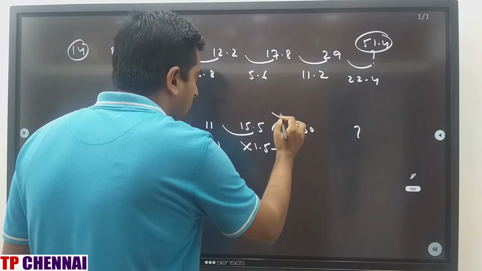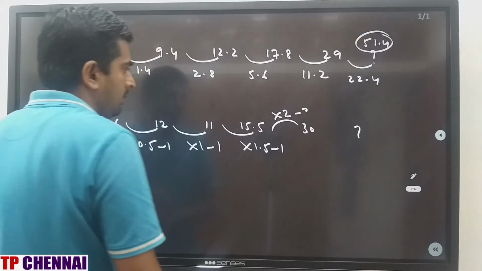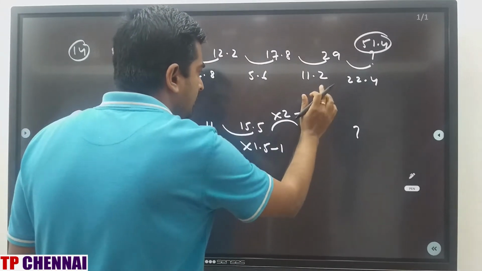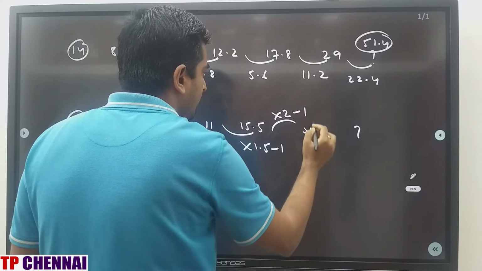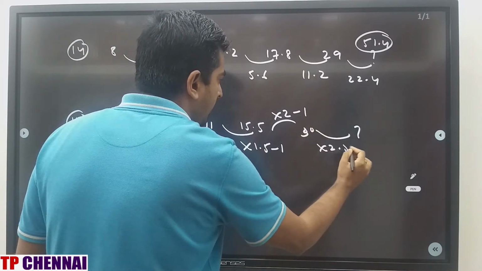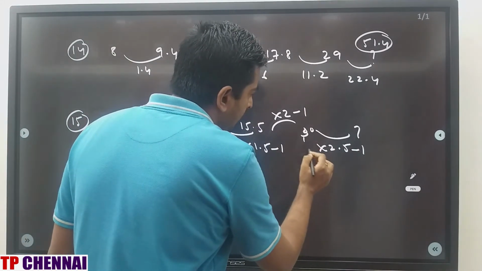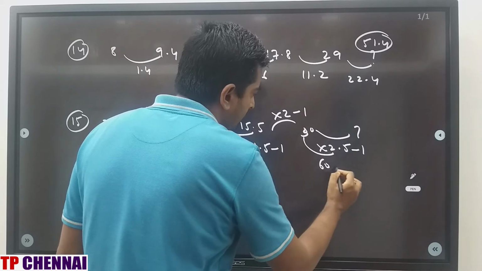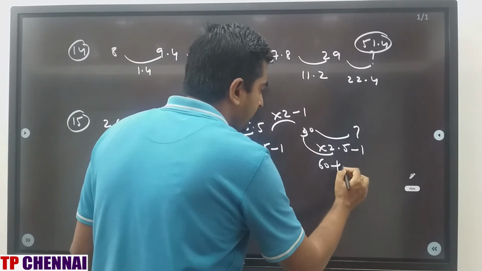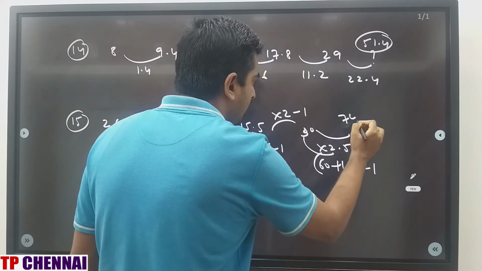This is into 2 minus 1. Right? 15.5 into 2 is 31, minus 1. So this will be into 2.5 minus 1. What is 30 into 2.5? First multiply 30 into 2, 60. Then multiply 30 into 0.5. Half of 30 is 15. So 75. 75 minus 1, what is the answer? 74.